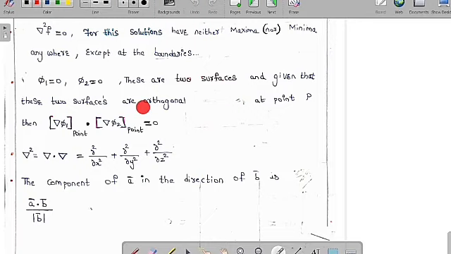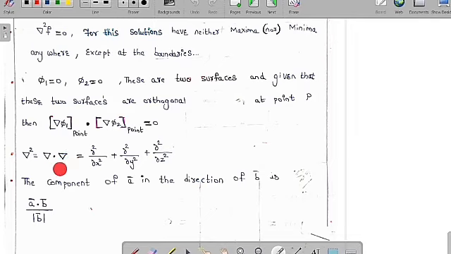Whenever two scalar functions are orthogonal to each other, and you find the gradient of the first function and the gradient of the second function at the point, then if you take the dot product of these two vectors, it will be equal to 0, because these are also orthogonal to each other. Then their dot product will always be equal to 0.